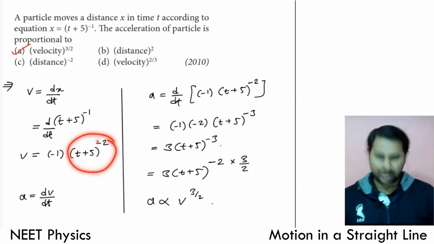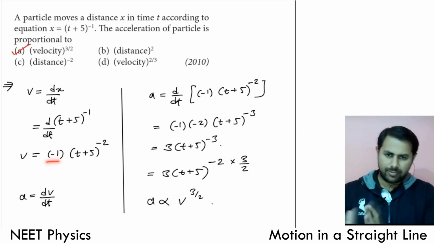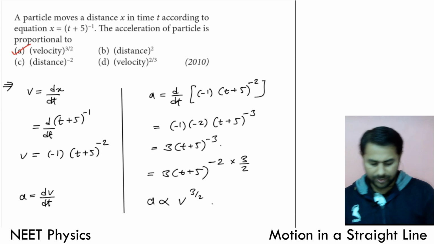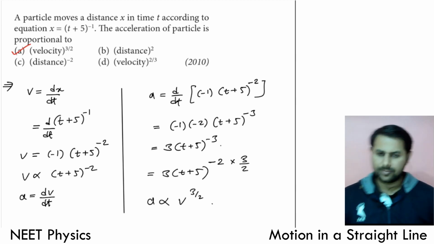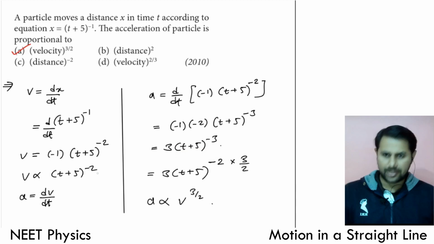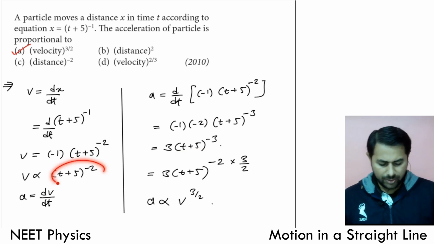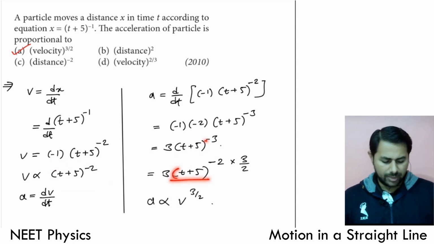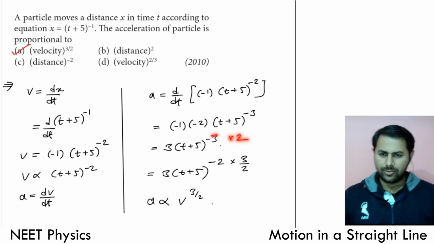Because you have velocity equal to some constant multiplied by t plus 5 raised to minus 2. That means velocity is proportional to t plus 5 raised to minus 2. And in acceleration you have t plus 5 raised to minus 3. So to check its relation with velocity, you are bringing t plus 5 raised to minus 2. How can you do that? The minus sign is already there, t plus 5 raised to minus 3 is there, so you multiply with 2 and divide by 2.